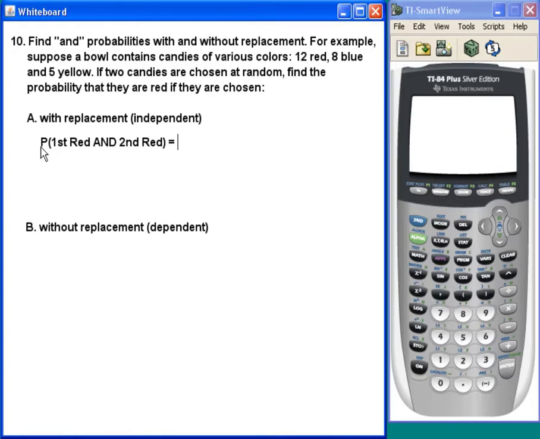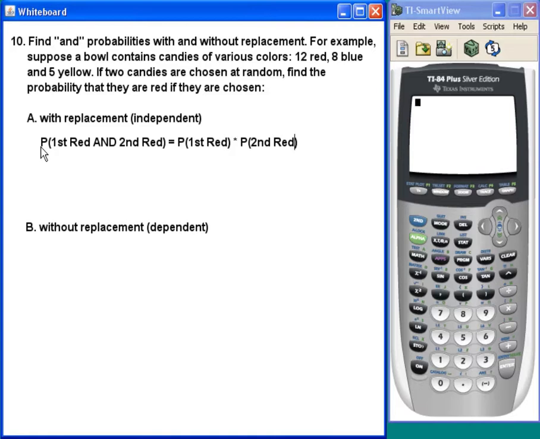But when we're doing an AND probability without a contingency table, we have to use the multiplication rule, which just means we take the probability of the first event and we multiply that by the probability of the second event, given that the first event has already occurred.